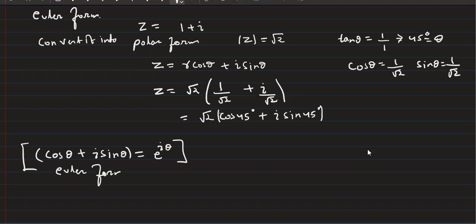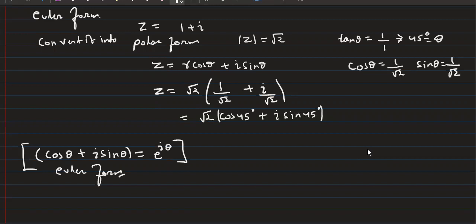You don't have to worry about why it is written like this, but you have to know that cos theta plus i sine theta is equal to e to the power i theta.